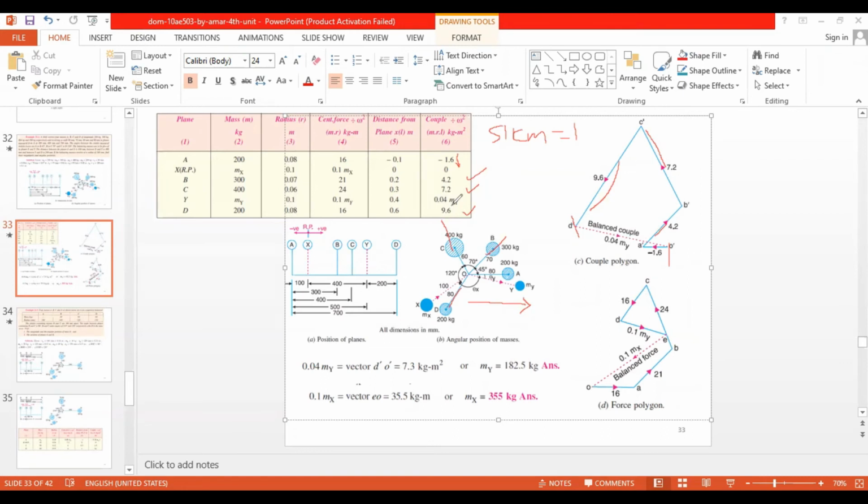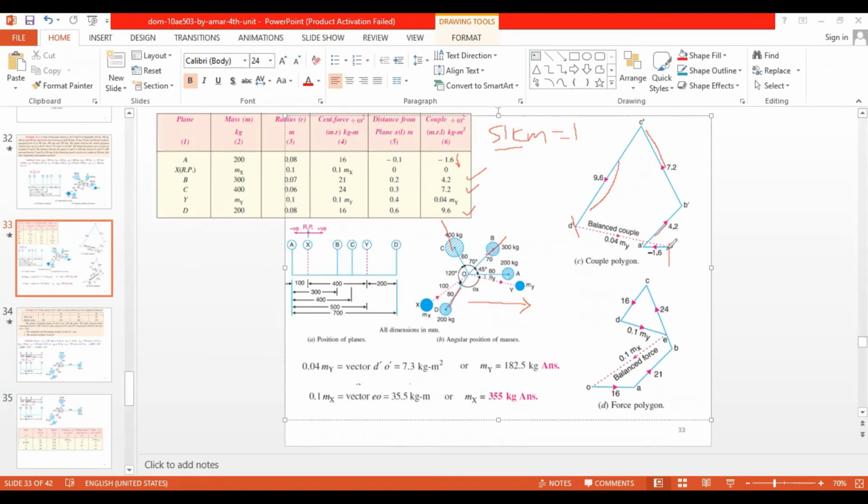Since you have made it according to the scale, you can measure the distance between B and D. Once you have drawn it, you have that scale. It's mentioned here: 0.04 my, the vector DO, is equal to 7.3 kilogram per meter square.